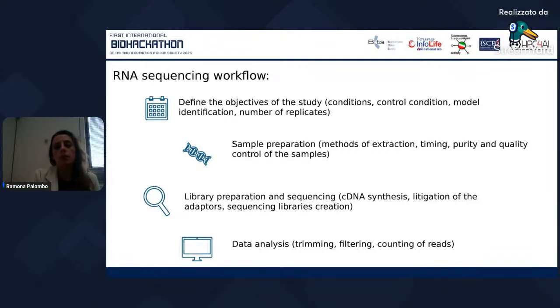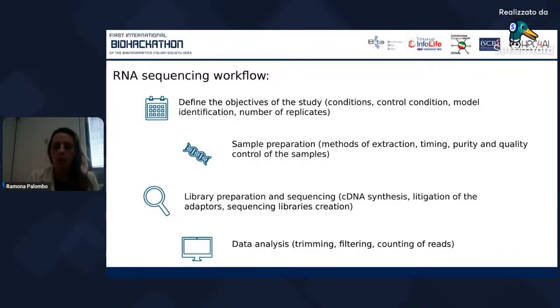So as the first step, I choose the definition of the objectives of the study. So I have to start, when I want to undertake RNA sequencing analysis, by analyzing the different kinds of conditions that I can use and what are the best conditions that I have to use.